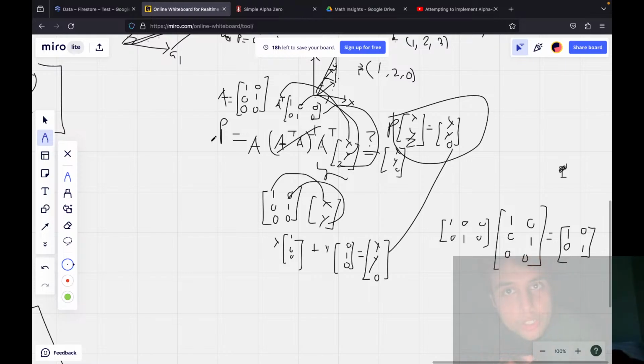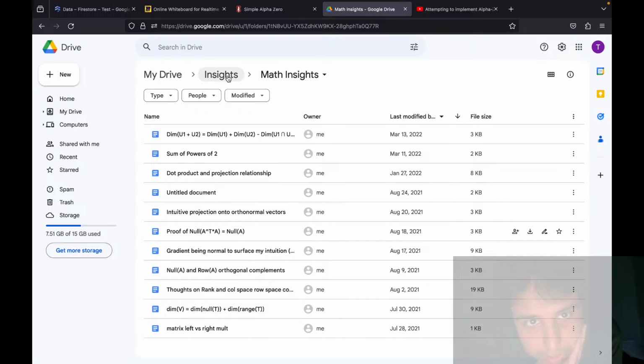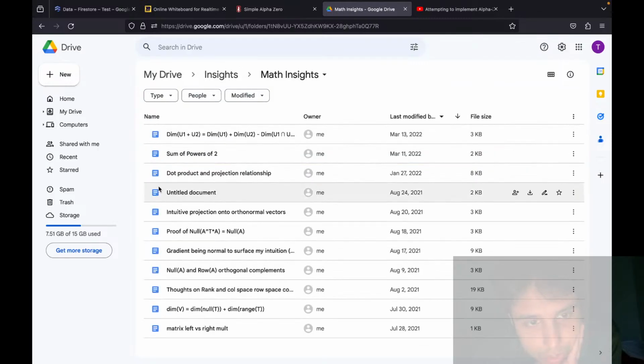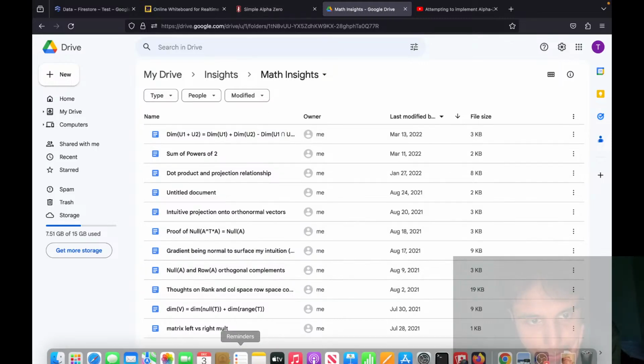Okay, great. Now, in fact, I have this folder in my Google Drive called Math Insights, where a few years ago I started reviewing lots of undergrad math classes. In fact, I have something similar for CS too. Before presenting what I'm doing right now, I've actually been looking at them.